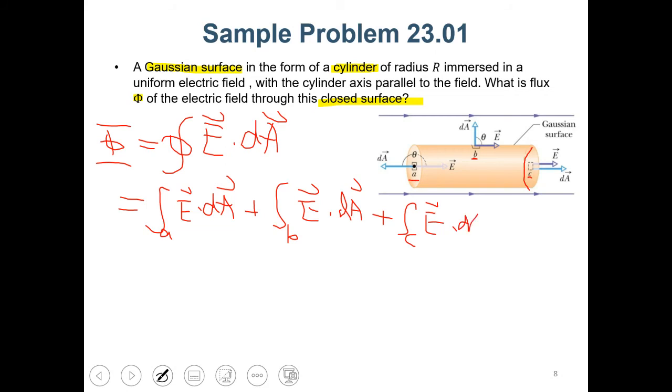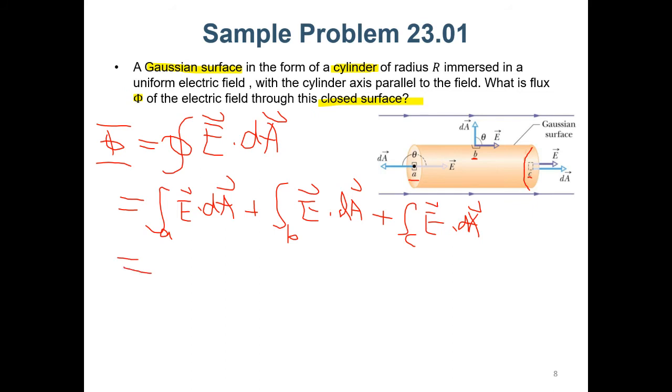The whole surface is the whole cylinder, so we can separate it into three parts: part A, part B, and part C. Just add them together.